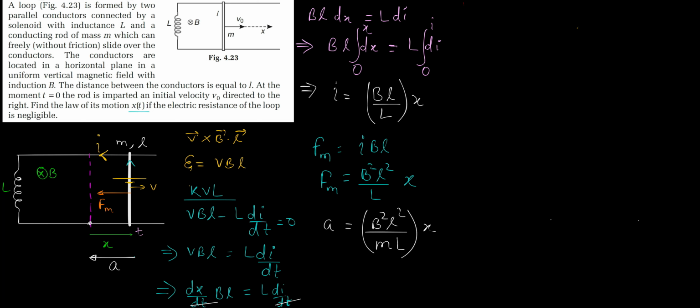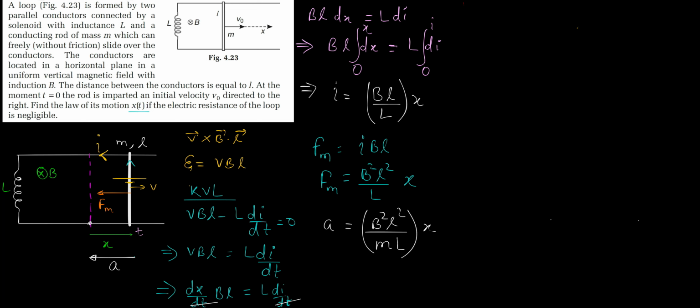So this is the acceleration of the rod, and acceleration is basically opposite to the displacement of the rod from this position, initial position. And now we can observe this equation to be the equation of simple harmonic motion, because acceleration is directly proportional to displacement of this rod from this mean position. Okay, because how we can say that this initial position is the mean position?